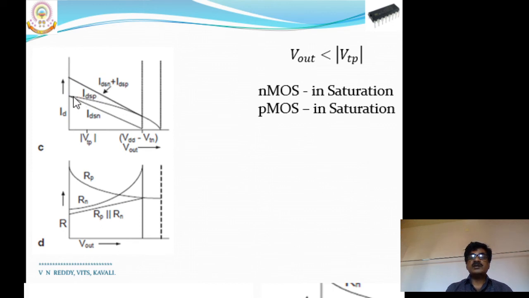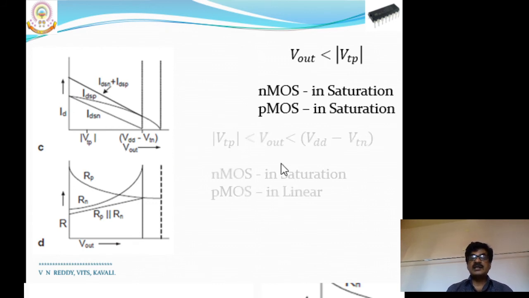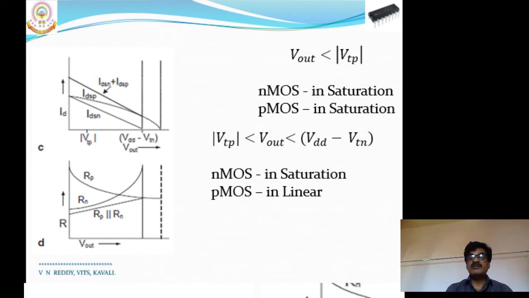Then suppose the output voltage is greater than VTP but less than VDD minus VTN. The Nmos transistor operates in the same saturation region, whereas the Pmos transistor goes to the linear region of operation.